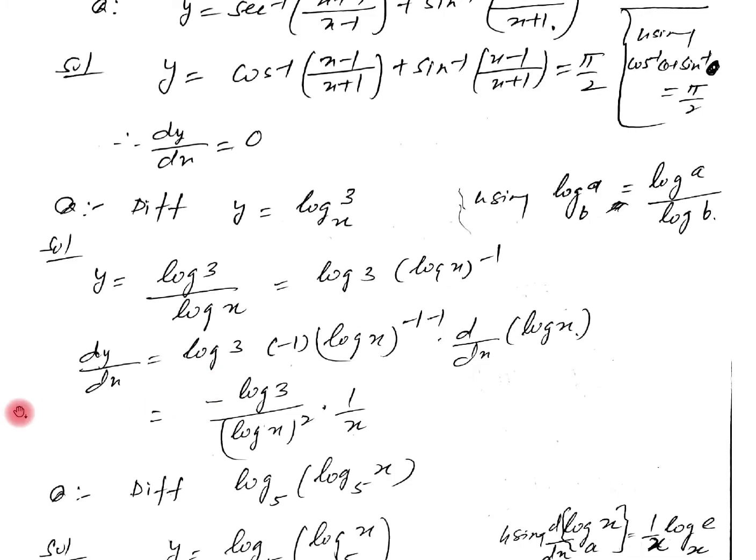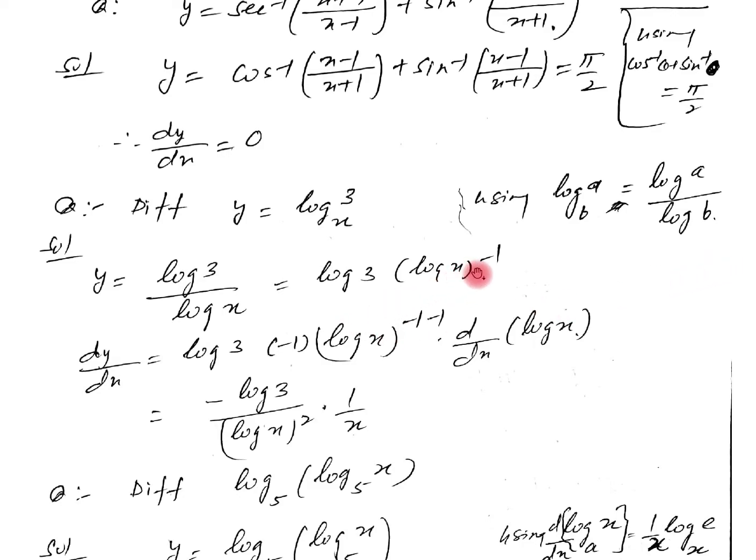Now differentiating it, dy by dx, again log of 3 as it is. Now we have to differentiate log x whole power minus 1. Then again this minus power will come here, log of x to the power minus 1 minus 1, using the derivative of x raised to power n equal to n x raised to power n minus 1.